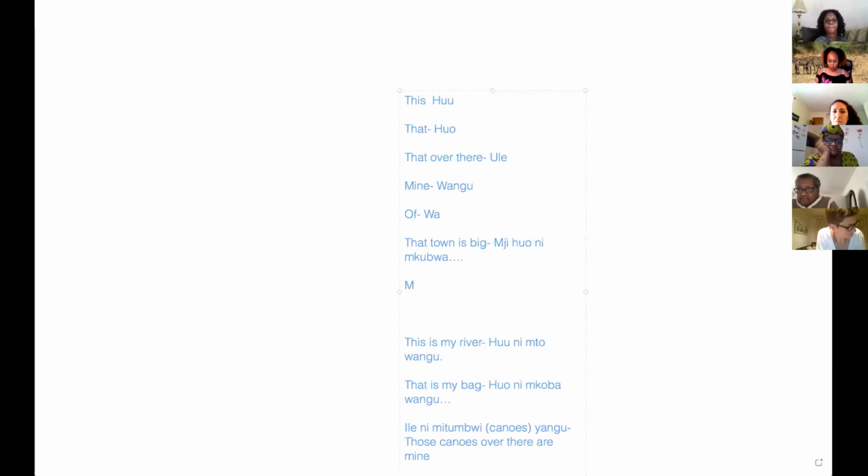Okay, so what is wrong with this sentence? Mhubiri huyu ni mnene. What is wrong with this sentence? The demonstrative doesn't match. Yeah, so what does that show us about that sentence? It's another noun class.